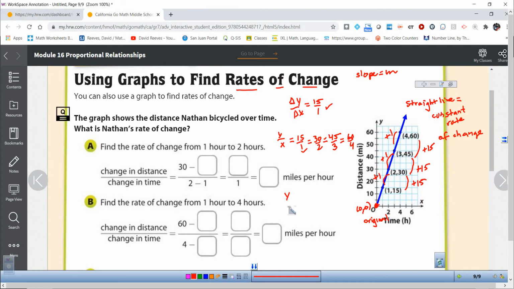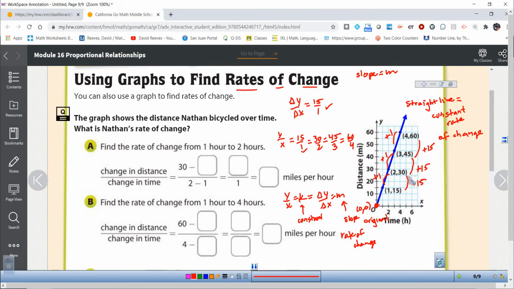We're going to have y over x equals k. We already knew that. And that is going to equal our change in y over our change in x, which we're going to call m. Okay, and remember k was our constant of proportionality, and m is going to be our slope, which is our rate of change. Okay, so I know this is a little confusing.